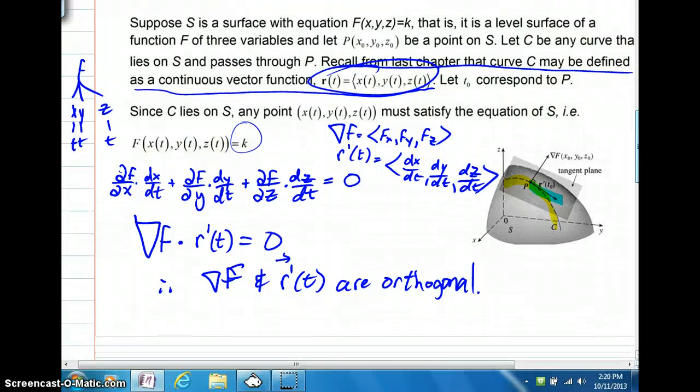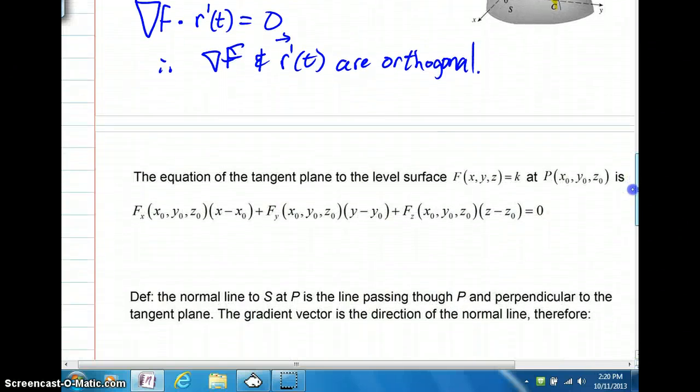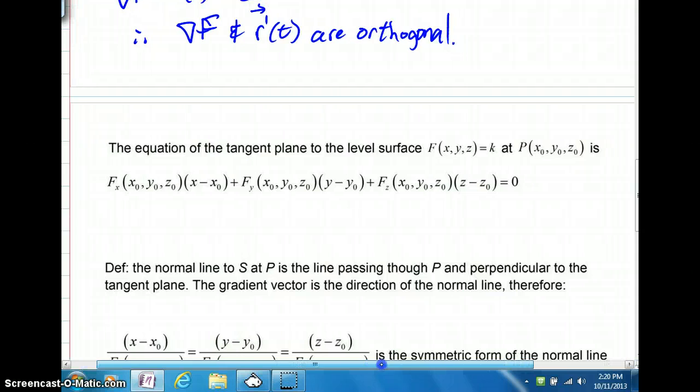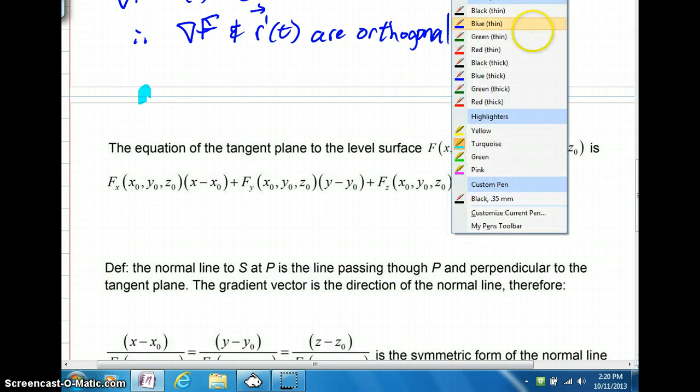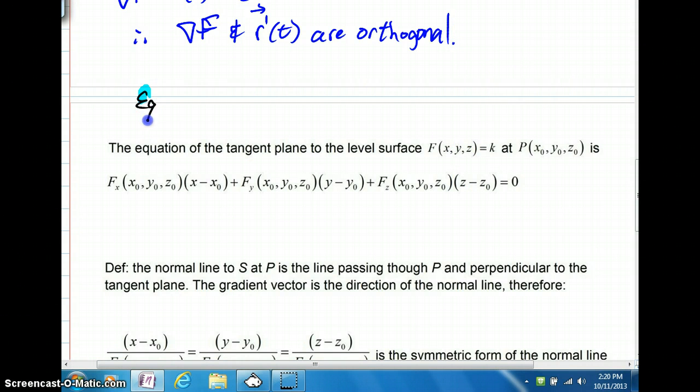Tell you what, let's go over to the other side. Remember from 2 chapters ago that if you wanted to write the equation of a plane, let me bring that back. The equation of a plane, I'll even draw you a nice little picture here, and you'd say, here's a nice little point.